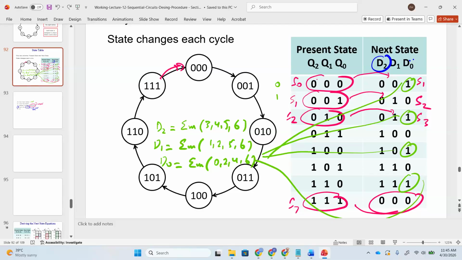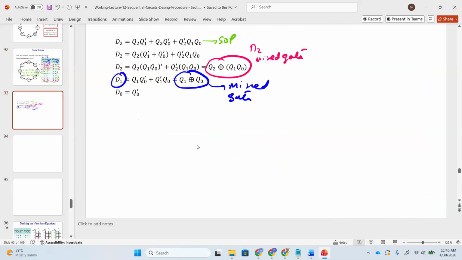So D0 is the inverse of Q0. If it is 1, it's 0, 0, 1. And we can find it from the table. Any question? This is clear or not clear? Clear. Okay, so this is how we derive the expression.